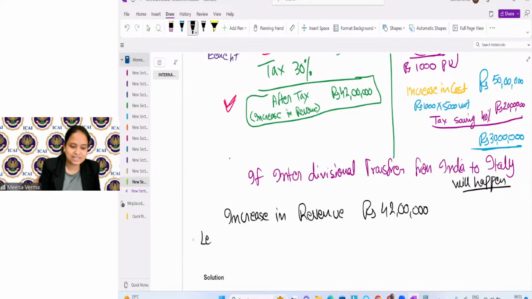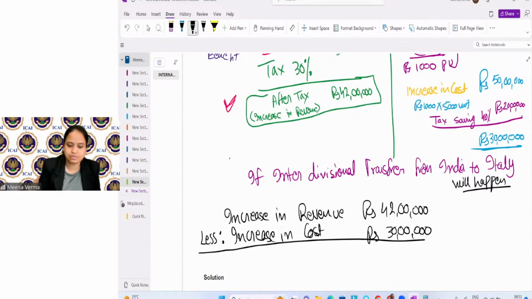And less increase in cost. Overall organization, we are considering it from the point of view of the company: rupees 30,000, 30 lakh increase in cost.